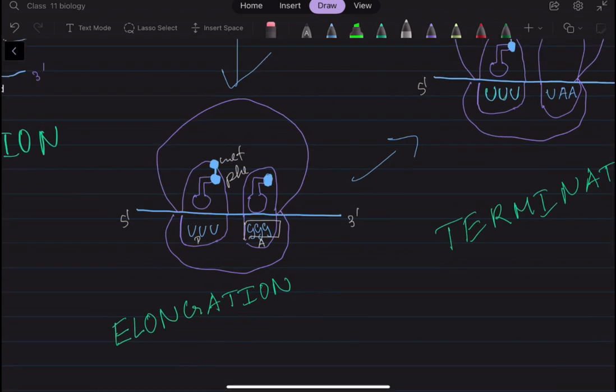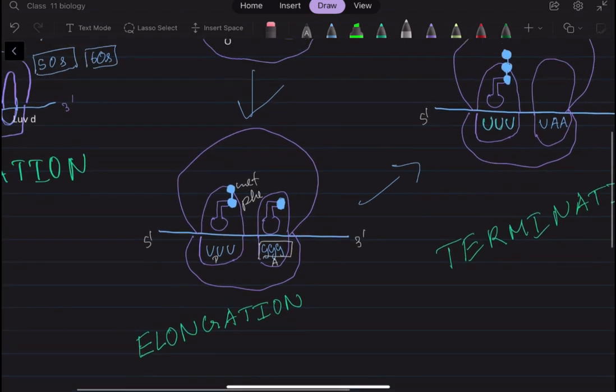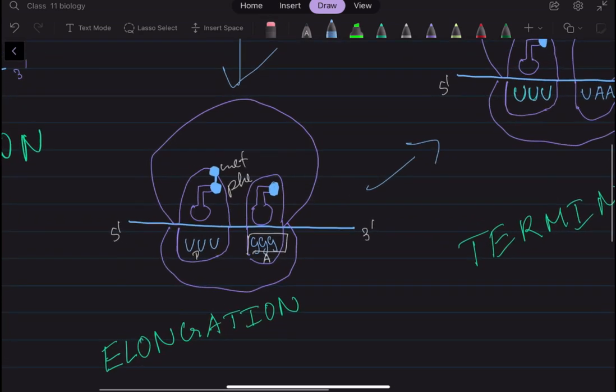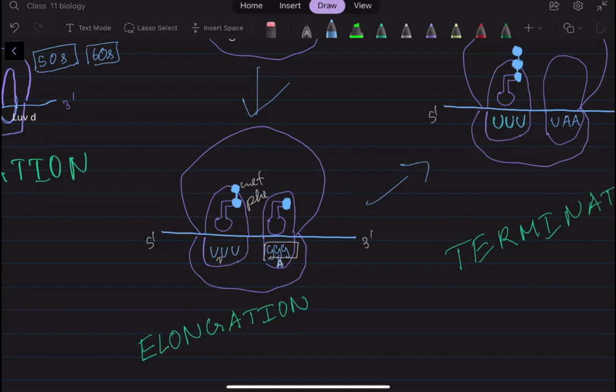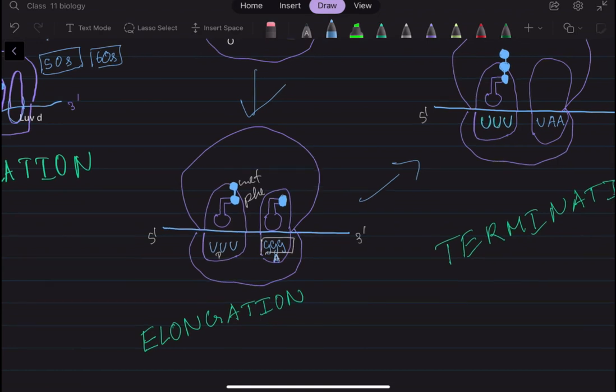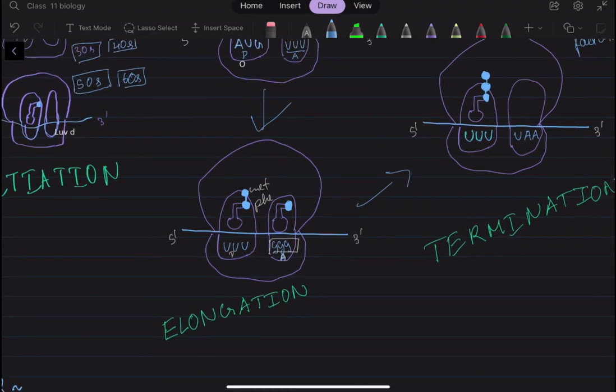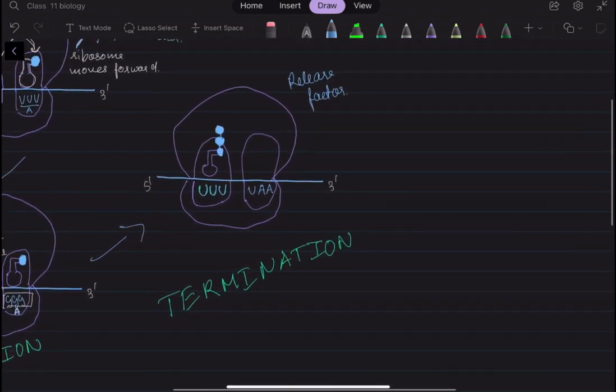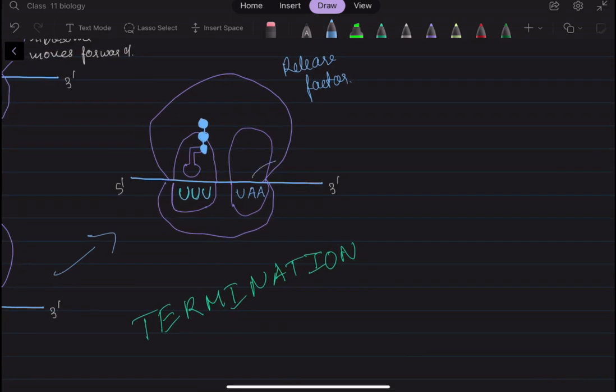The next tRNA carrying whichever amino acid the GGG is coding for comes and binds to the A site. So again the same thing happens. The ribozyme comes and catalyzes the formation of a peptide bond between the amino acids because again they are in close proximity. So this keeps happening until ultimately we find a stop codon.